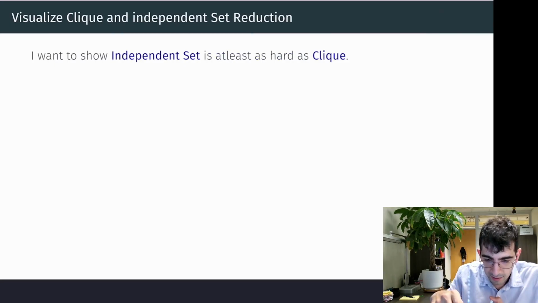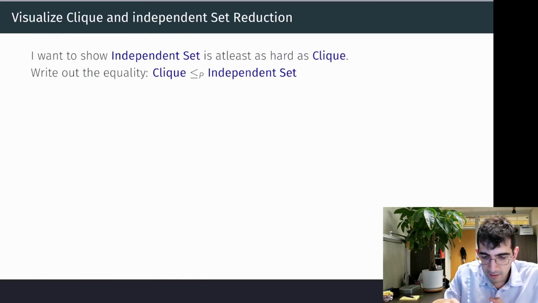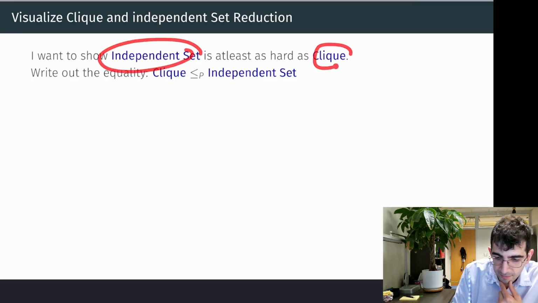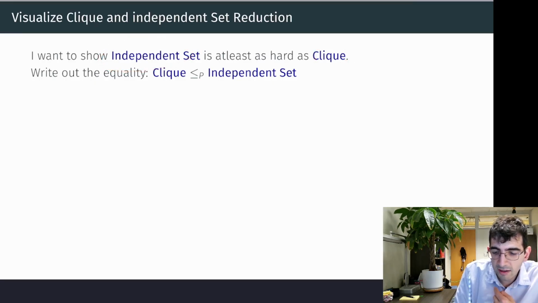So if you want to show that independent set is at least as hard as clique, then what do we do? We have to take the hard problem and then do a reduction to the unknown problem.